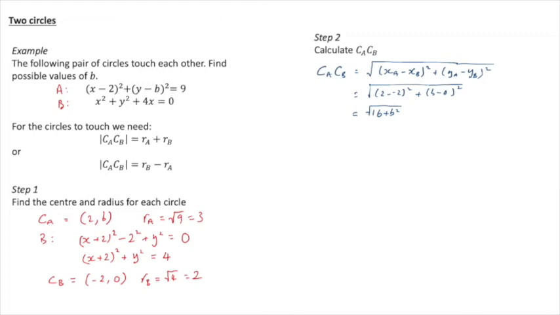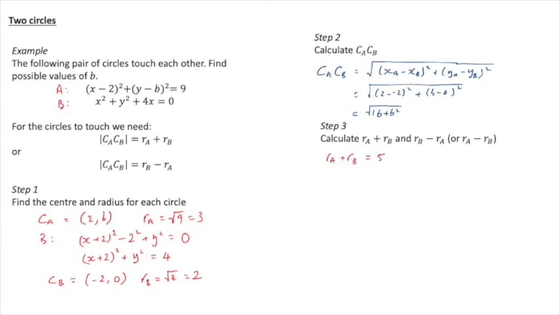So that's our distance between the two centres. Now we also need to calculate the sum of the radii, RA plus RB, and then the difference between the radii, which we're going to use to work out whether any of these touching things are possible.